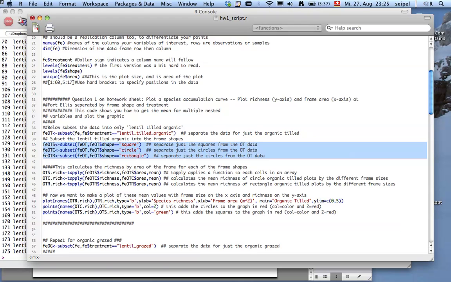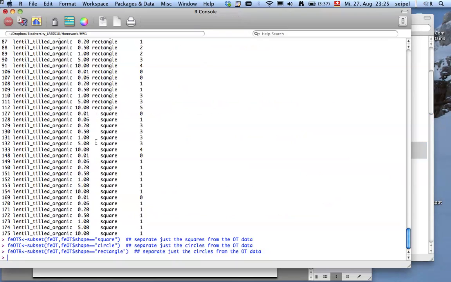Then I just added here an S, a C, or an R for circle, square, and rectangle, and separated out all those. So I'll execute those three command lines using subset. The syntax of subset is basically, I'm telling it to subset the Fort Ellis organic till data and give me only Fort Ellis organic till data when the shape equals, in this instance, rectangle, where I'm highlighting.